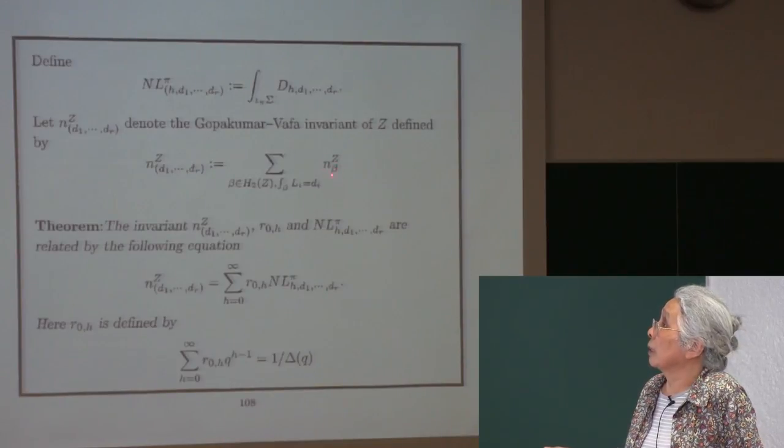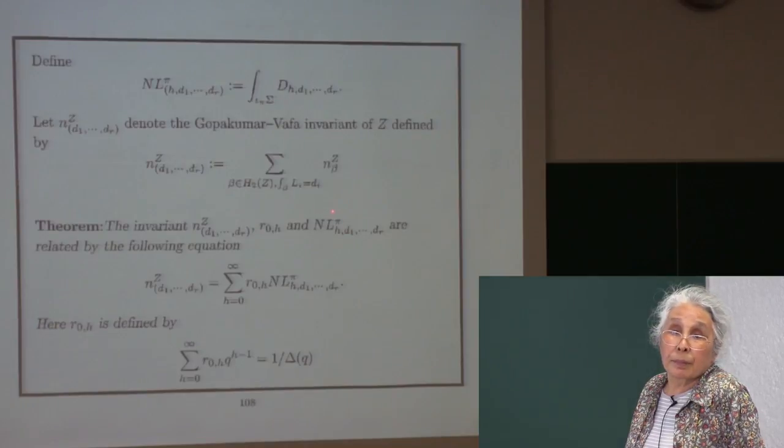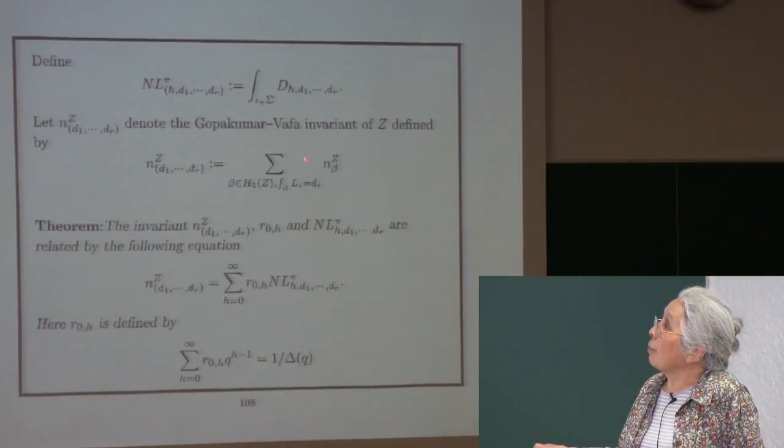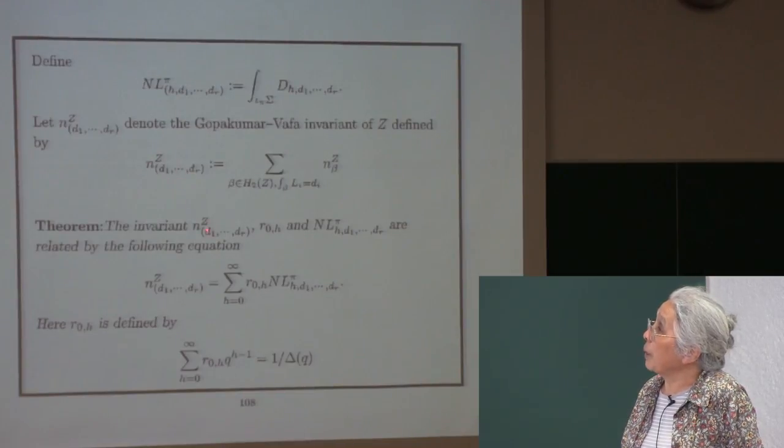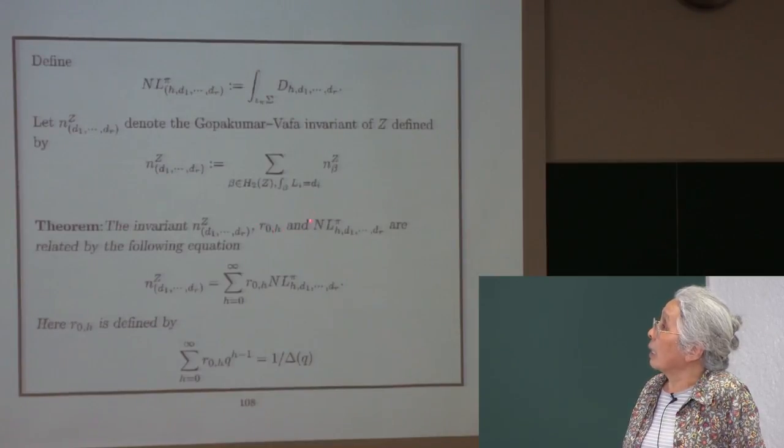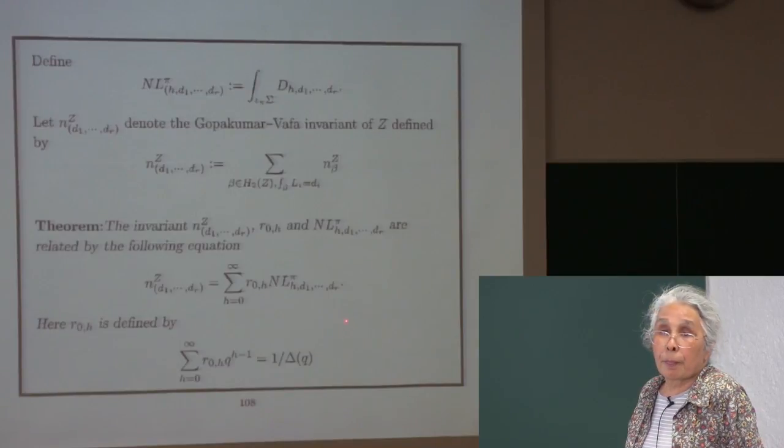It's genus 0, where beta is moving in the homology class, and d_i is the pairing here. The theorem is that the Gopakumar-Vafa invariant, together with some number r_{0,h} and the Noether-Lefschetz number, are related by this equation.